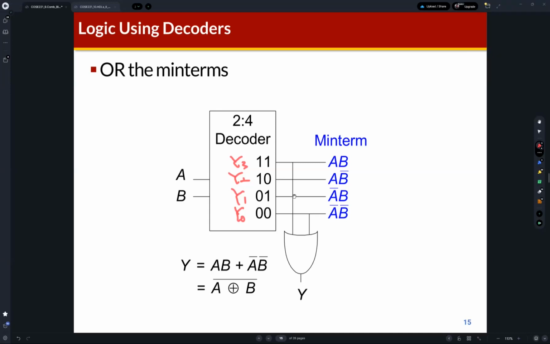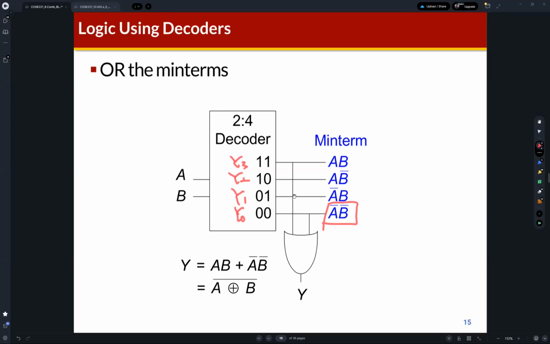And then by combining minterms, we can build any combinational logic, right? That's what we learned in the previous class. So we can build any combinational logic using a decoder. This is the example: the combinational logic AB plus not A and not B. If we see this decoder, we can know that this is not A and not B, because this is A, this is B, and this is Y0, which is 0, 0.